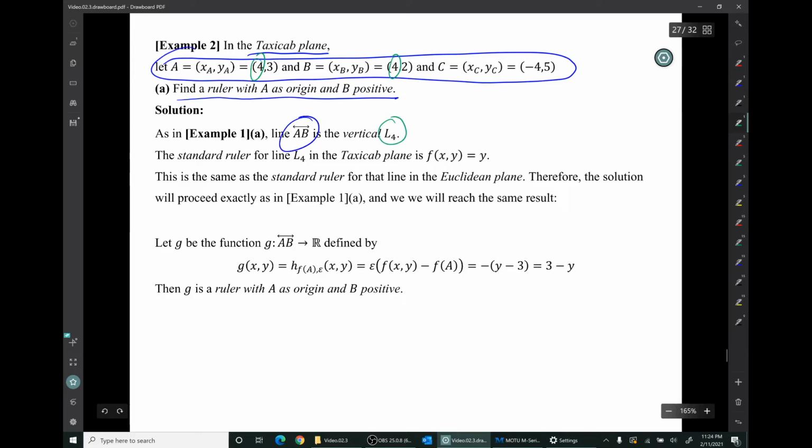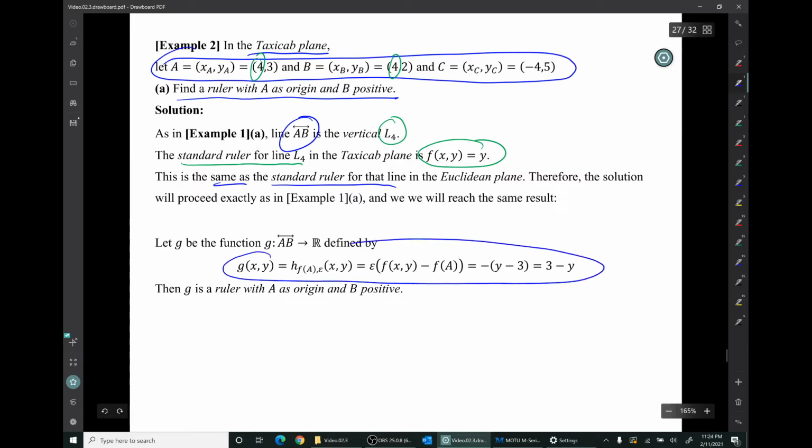And the standard ruler for that line in the taxicab plane is this, which is the same as the standard ruler for that line in the Euclidean plane. So all the work we did in example 1a is going to be recycled for example 2a. The result is we get this new ruler, g of xy equals 3 minus y, the same exact function that we came up with in example 1a.